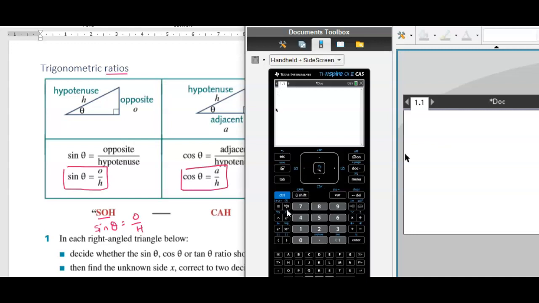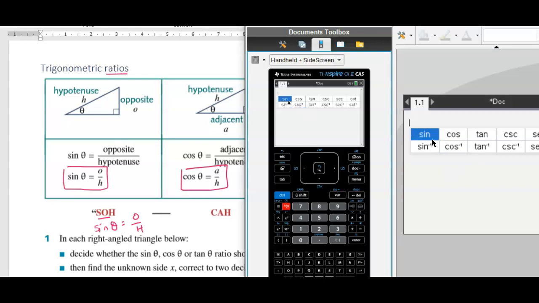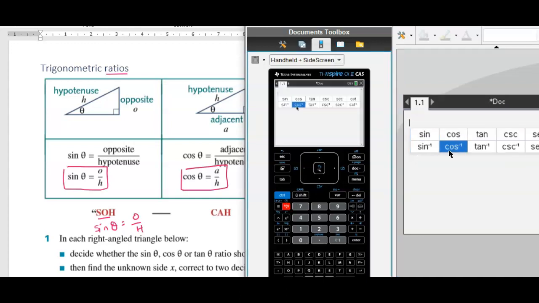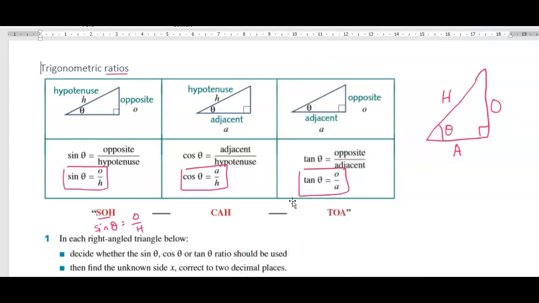A graphics calculator is what I used when I was in high school a very long time ago. Okay, so sine, cos, tan. And you'll notice these buttons below them, and we'll be using them in a second. Now, if you've got a little green calculator, you'll easily find those buttons. And usually the inverse sine, inverse cos, inverse tan, you'd probably have to press shift sine, shift cos, shift tan.